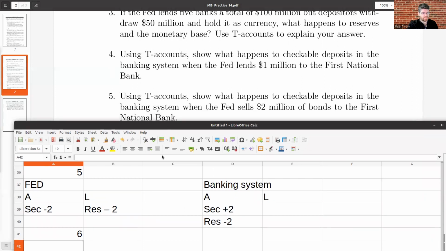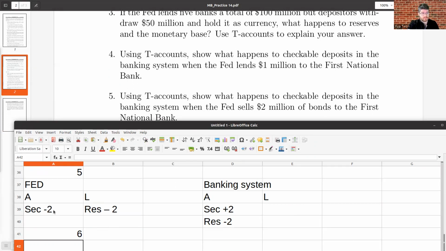So actually, if in the previous option we provided 1 million and then we got money supply changed by +10, how much money supply will change if we sell 2 million, and how to use a T account to demonstrate this change.